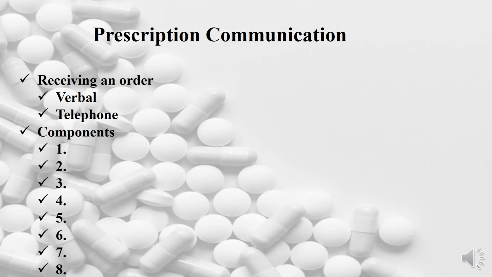When you take a verbal order, you will take down the information or the components of a medication prescription. It is the same for a telephone order. You will need to include the client's full name, the date and time the prescription was received, the name of the medication, the strength and dosage of the medication, the route of administration, the time and frequency of a medication.